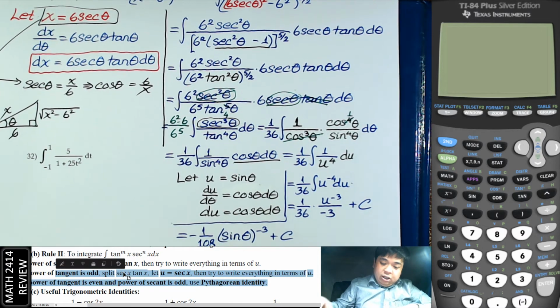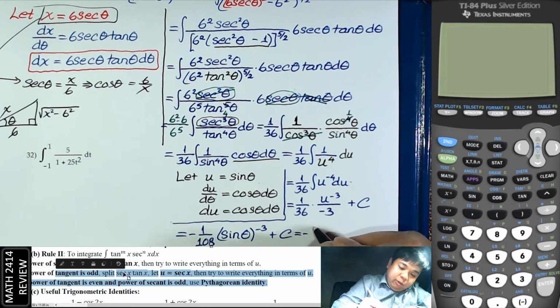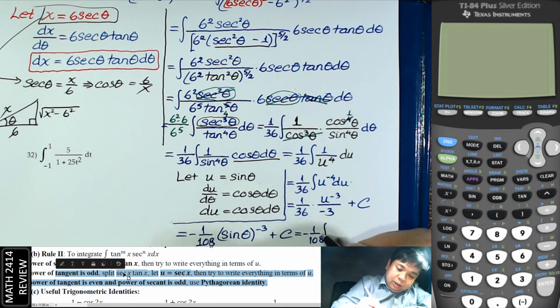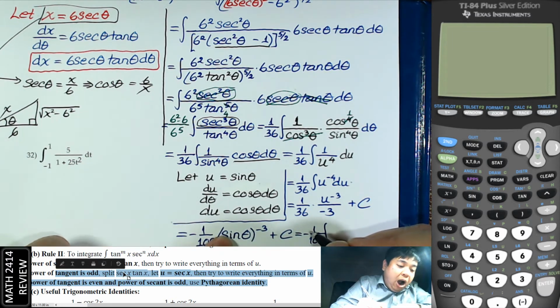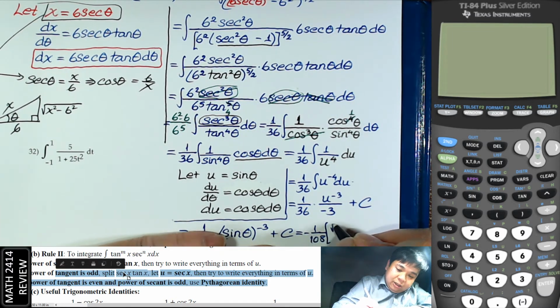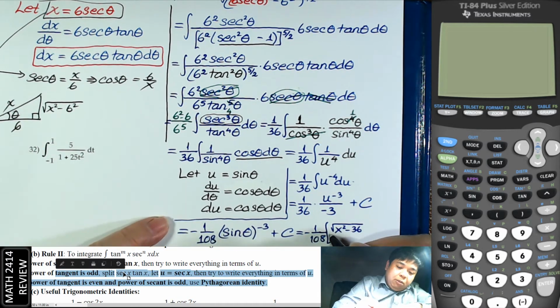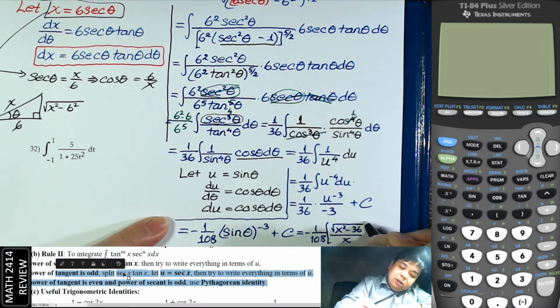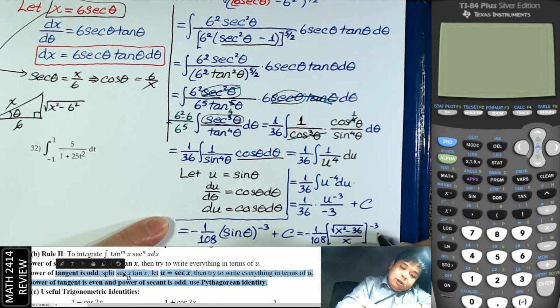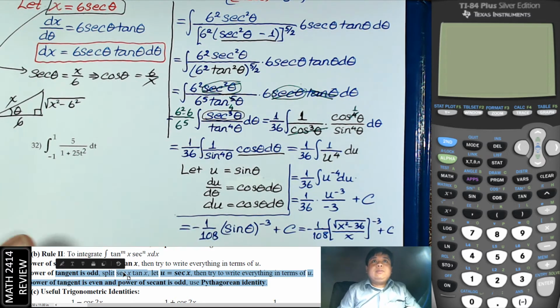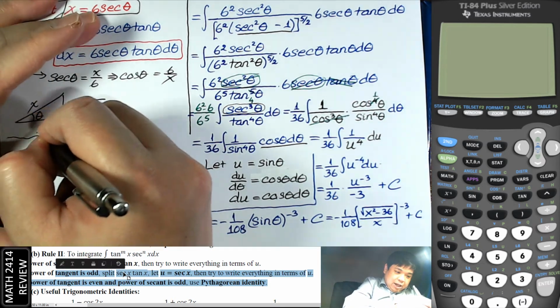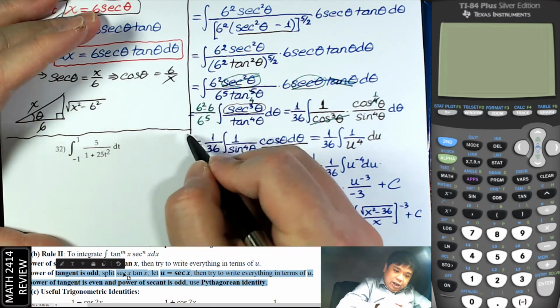So finally the answer is negative 1 over 108 times opposite over hypotenuse, to the negative 3. A little bit complicated, but that's what we have.